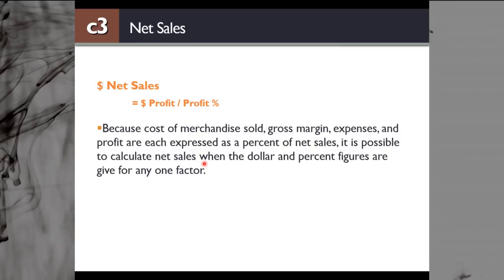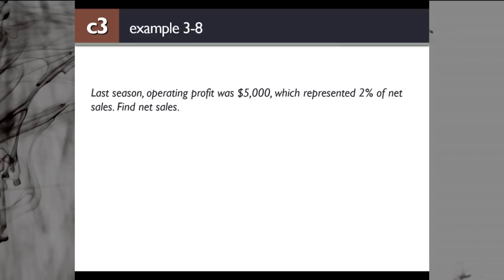So that's gonna be another important concept that you can learn. And you can apply that. If you know just one concept with the dollar and percent figure, then you can calculate the net sales. Isn't it exciting, right? That is good, right?